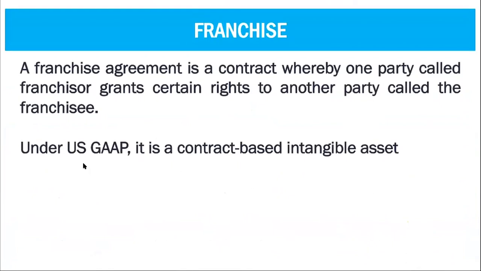We go to another type of intangible asset, and that is your franchise. A franchise agreement is a contract whereby one party called the franchisor grants certain rights to another party called the franchisee.